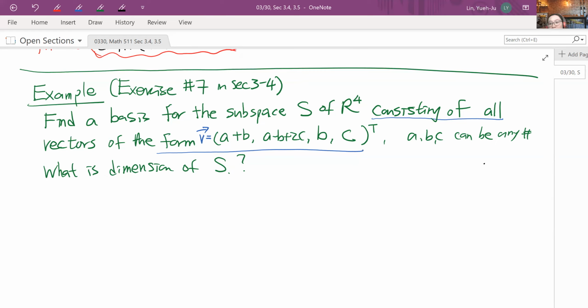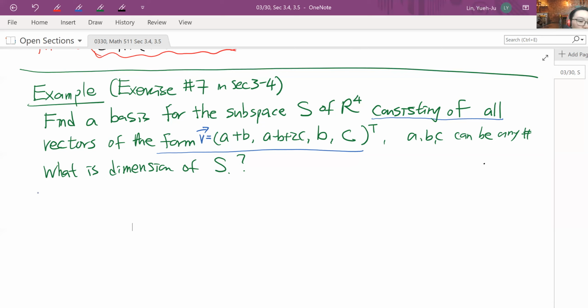So when you see things like this, especially when you have some freedom of variables like a, b, and c, this should trigger you to think that this is something related to linear combination. So my first strategy is: if I want to know what this space really looks like, I want to see how I can write this arbitrary vector v in the subspace as a linear combination of some vectors.